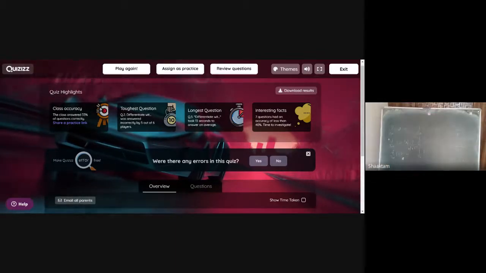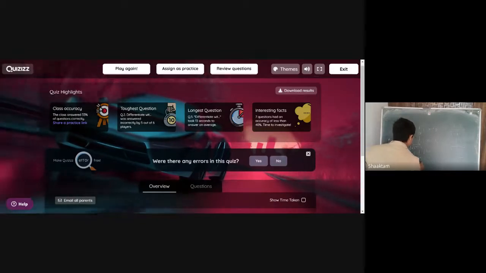Oh wait, sorry. This should be sec inverse. This should be cosec inverse. And cosec inverse will be this time minus 1 by mod x root x square minus 1.